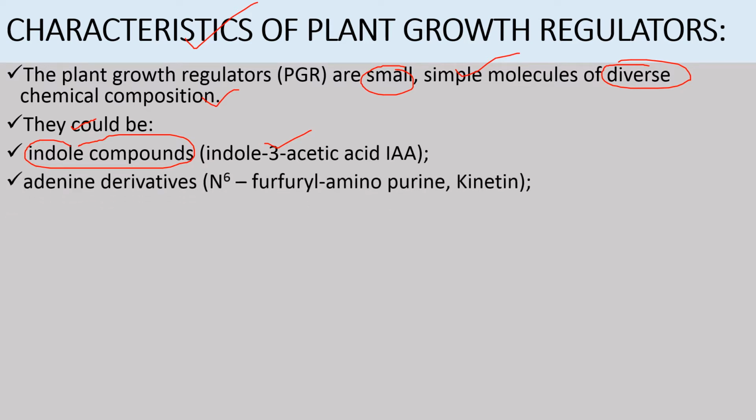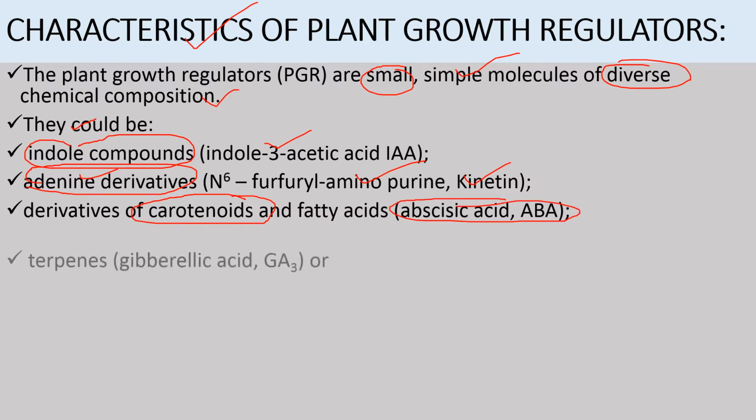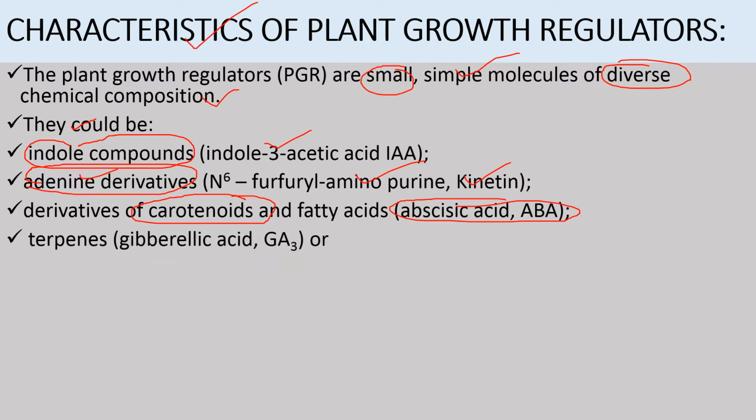Then we have derivatives of adenine, like kinetin, that is furfuryl amino purine. Then we have derivatives of carotenoids, basically the sesquiterpene of 15 carbons, that is abscisic acid, and the diterpenes like gibberellic acid.